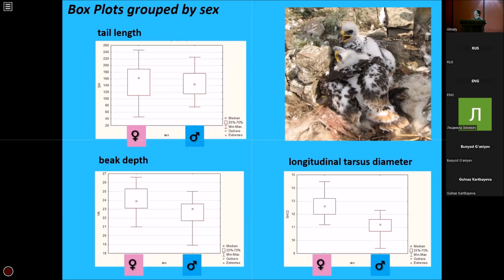But for beak depth, the medians differ significantly, but values overlap greatly, and it's pretty much the same picture for most traits: length of tarsus, claws, and beak. But here is the longitudinal tarsus diameter, and medians differ significantly, and most of the values didn't overlap, but part of the values still overlap.